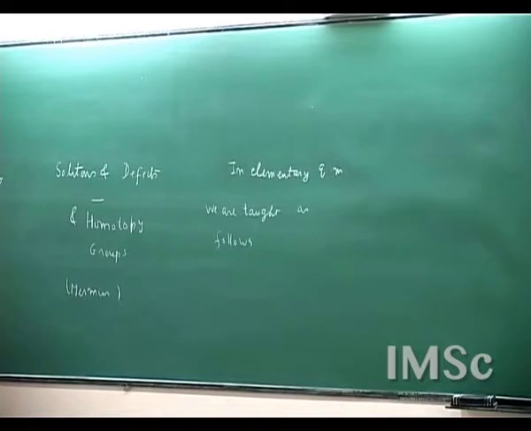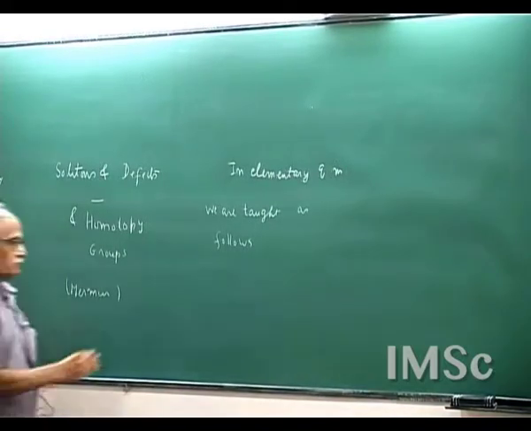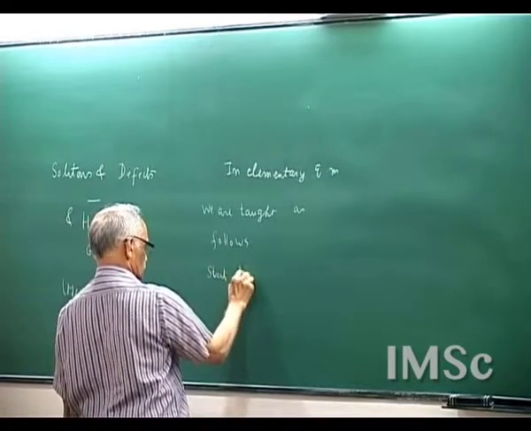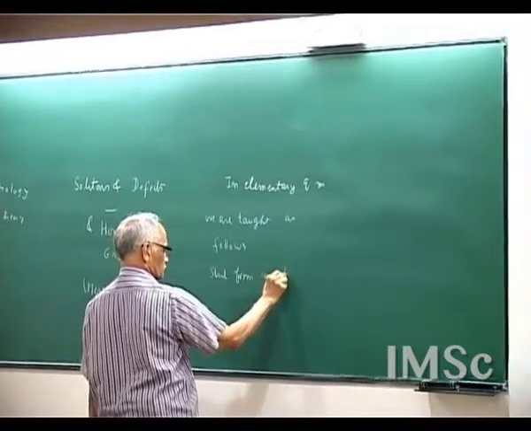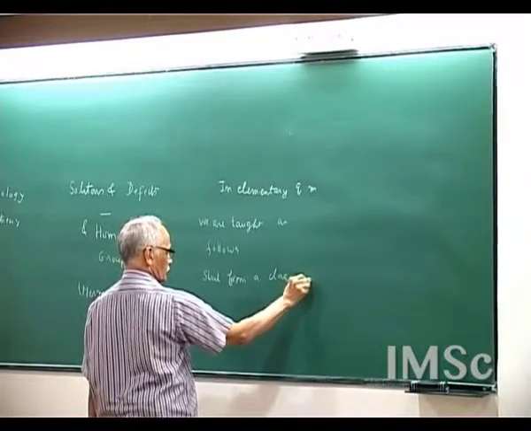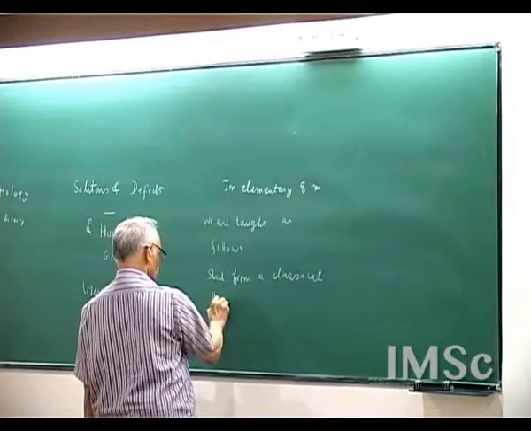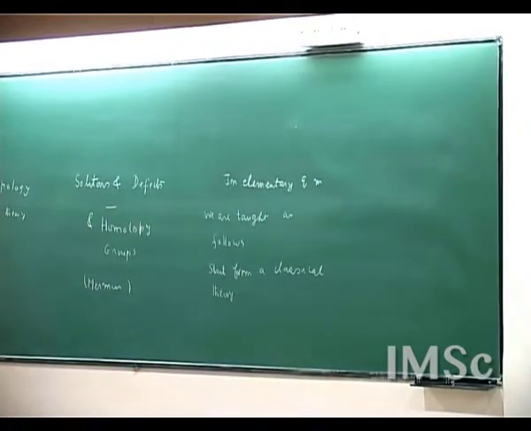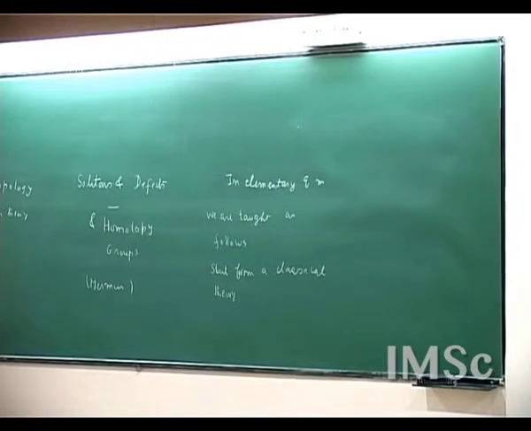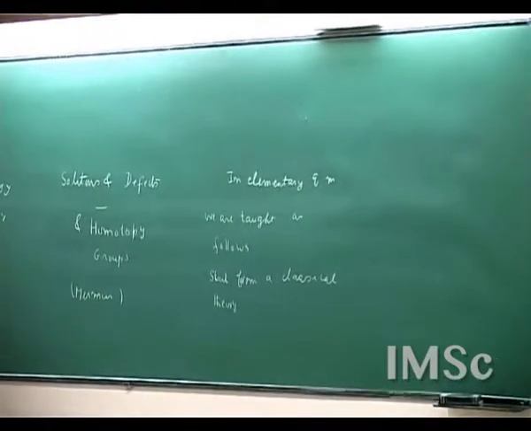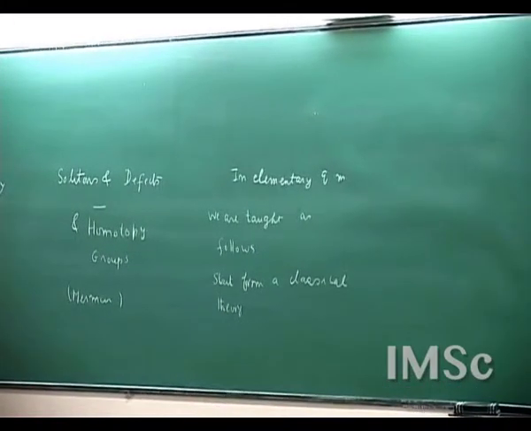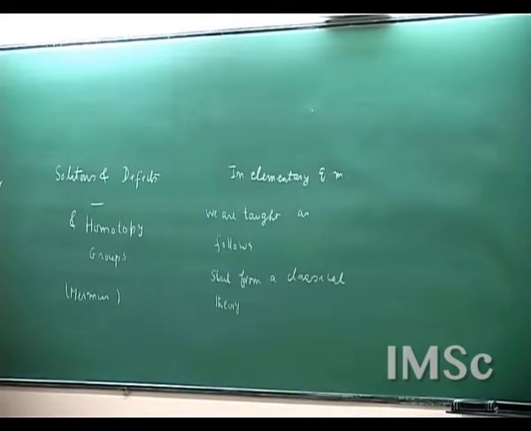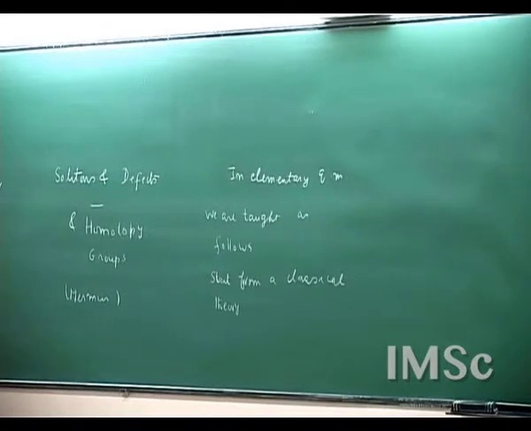You start from some classical theory. By the way, first I want to make one or two introductory remarks, and then I will try to convince you that this naturally leads to very elementary systems where this idea of fiber bundles and gauge theories occur without any effort.